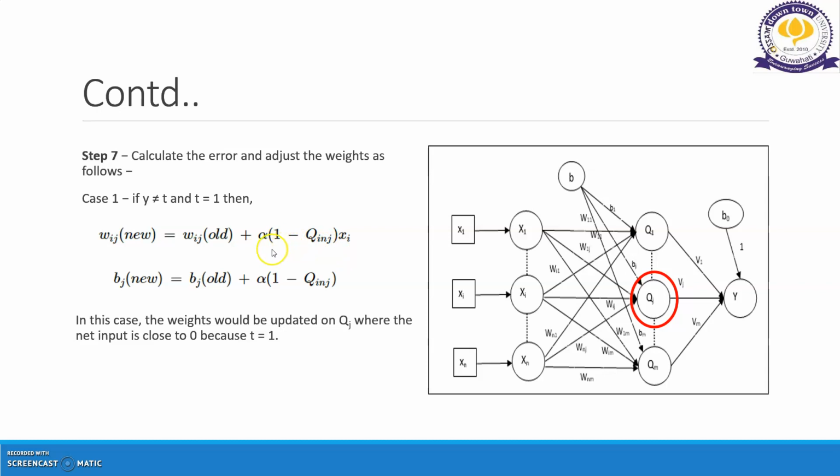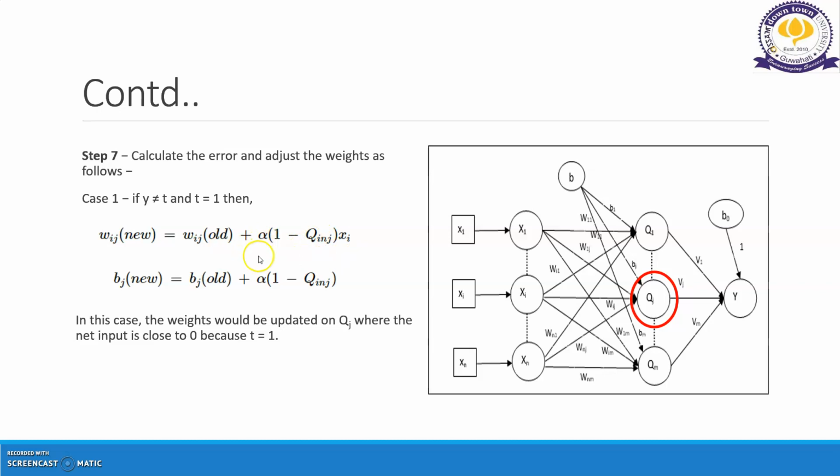Here just check the error. Here error is the target minus your calculated output, that means t minus y. Here t equal to 1, so here it's 1 minus y. The y is your Qinj, which I already covered in a previous slide.